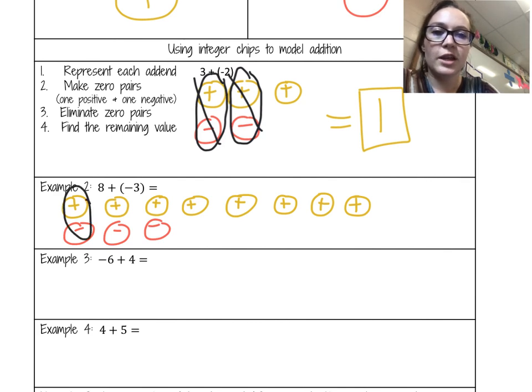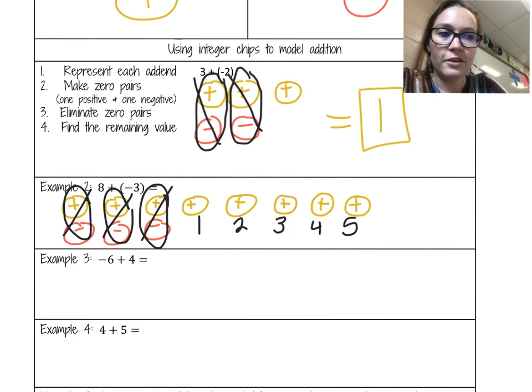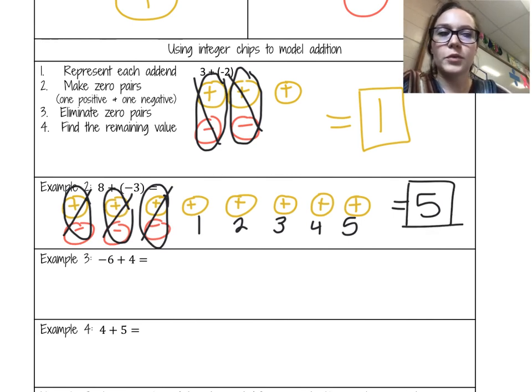Here's a positive and a negative. I can cross them off. The positive with a negative, I can cross it off. Positive with a negative, I can cross it off. Oh, there's no more pairs. So I'm done with that part. So I'm just going to count what's left and what sign they have. So there's 1, 2, 3, 4, 5 positive chips, so it's a positive 5. So 8 plus negative 3 is positive 5.